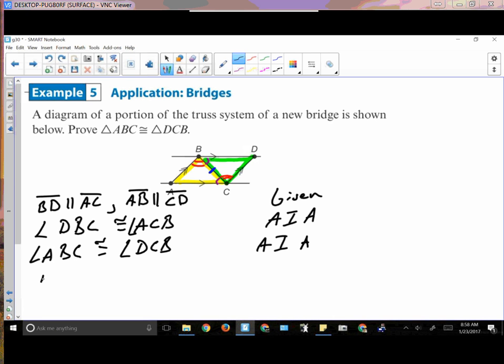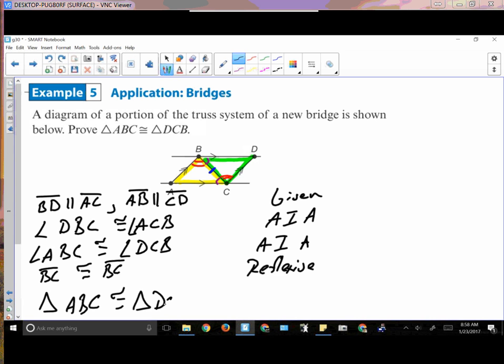We said that BC is congruent to BC because it was reflexive. So, triangle ABC is congruent to triangle DCB by which one do we say? Angle, side, angle. So, there are just a few things to look for.